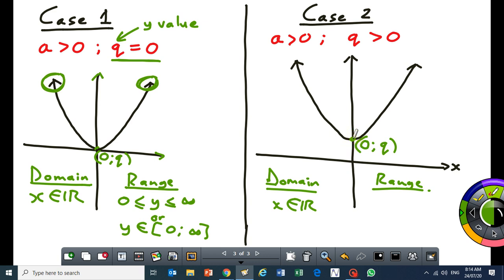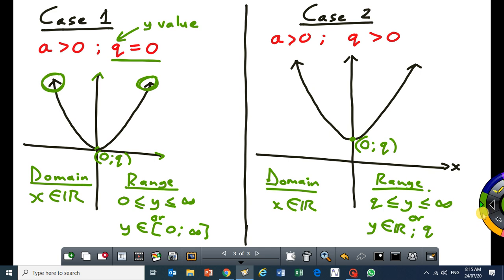So we will say q is less than or equal to y, and y is less than or equal to infinity. Or you can write this as y is an element of real numbers, but y is greater than or equal to q.